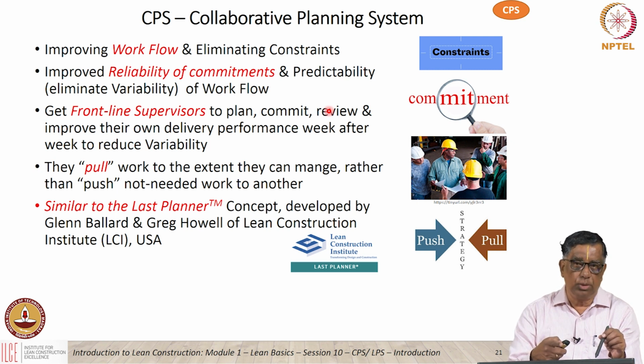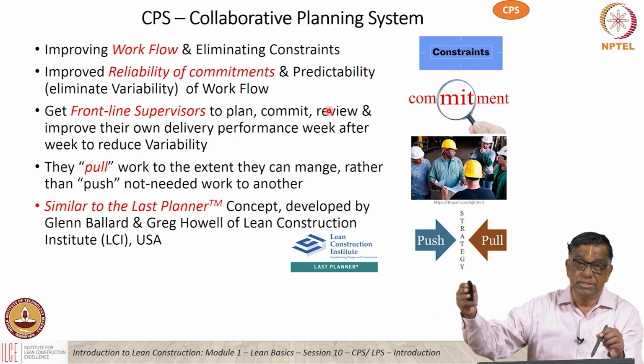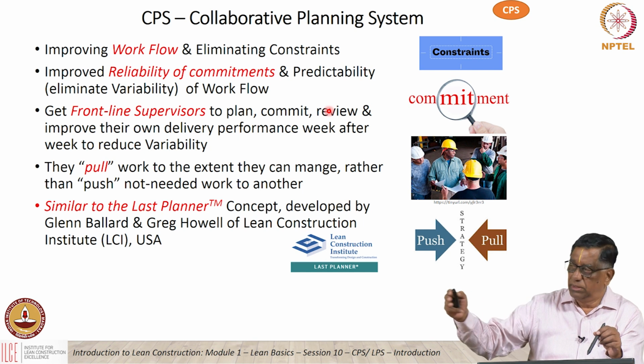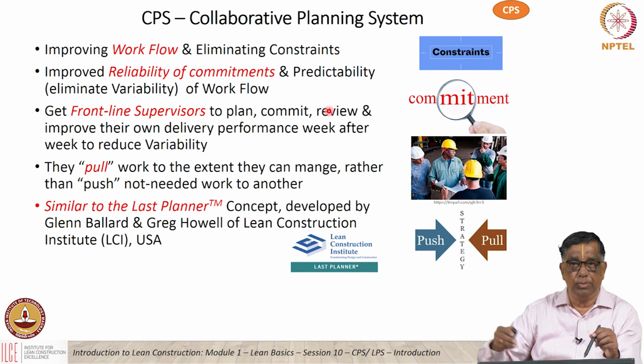And how do we start the work? From A to B, we start from the end. We pull work. So it starts in a reverse manner. Conventional planning is done from front to end. Here we start from the end and work backwards in a reverse scheduling by the pull process. For example, the electrical man says, I'm going to do so much of electrical work. I require so much of concrete area to be given to me.